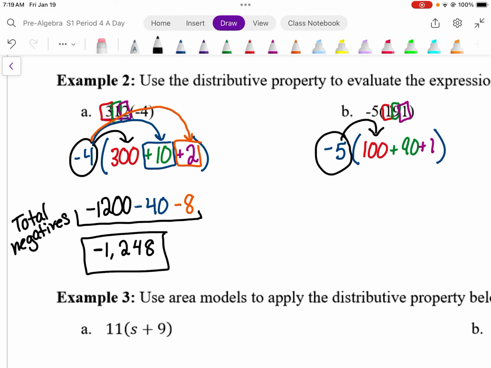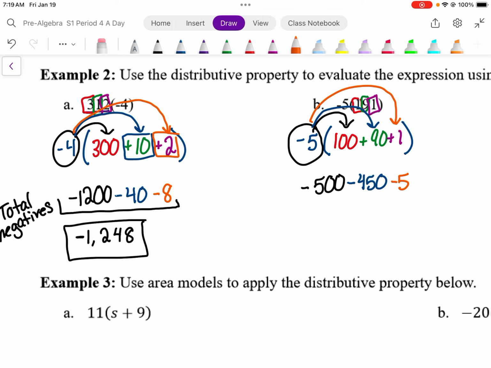So -5 times positive 100 is going to be -500. And -5 times a positive 90 is negative. 5 times 9 is 45. And then we add the 0. And lastly, we're going to take -5 times a positive 1, which will be a negative. And 5 times 1 is 5.